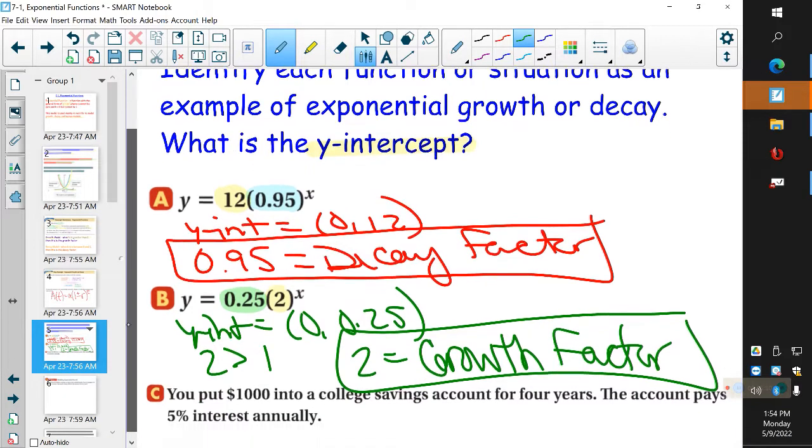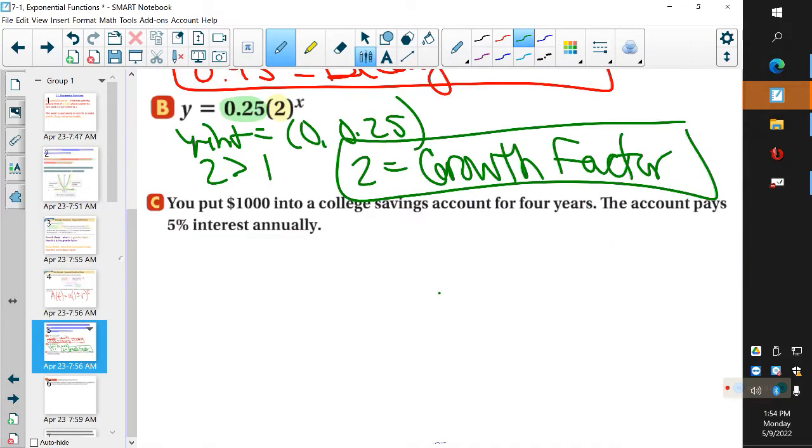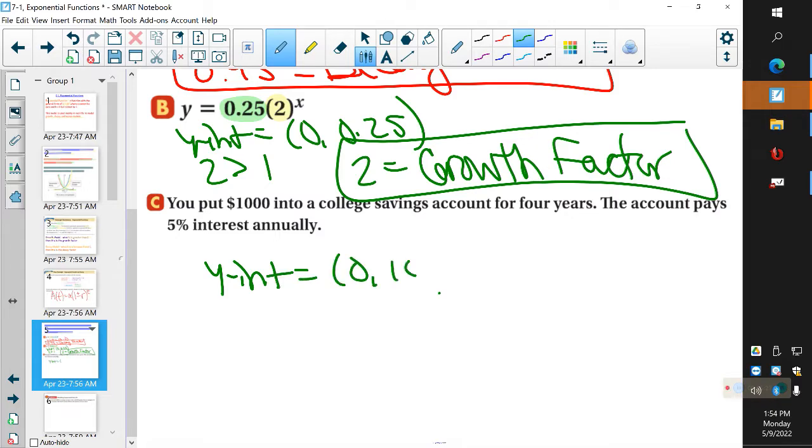Okay, now let's look at the last example down here. The last example is going to be put into words, and it says, you put $1,000 into a college savings account for 4 years. So what's my initial? 1,000. So what's my y-intercept? 0, 1,000 is my y-intercept. The account pays 5% annual interest.